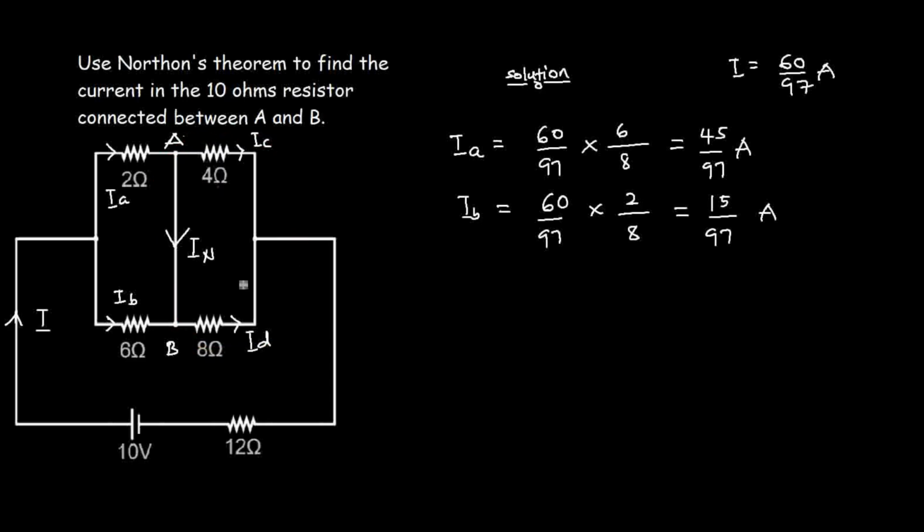IB is also flowing to this part of the circuit, so you can consider IB also to be a source current for this part, which includes the 4 and the 8 ohms resistor. You can use these two source current values to calculate the current flowing through the 4 ohms resistor, which is IC. And after getting IC, you are going to calculate Norton's current, IN. So our main target now is to calculate IC. Let's look at how you are going to do this.